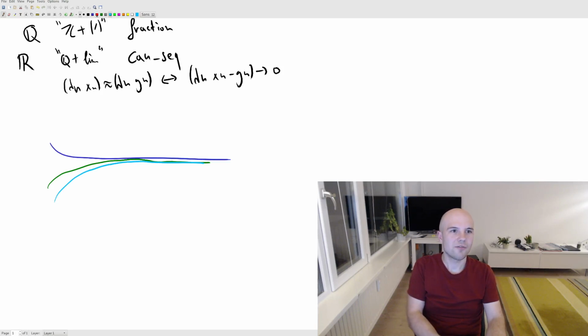And what we want is to be within epsilon of 0. So say this here is 0, and we have this epsilon here, and we want to be within an epsilon of 0.